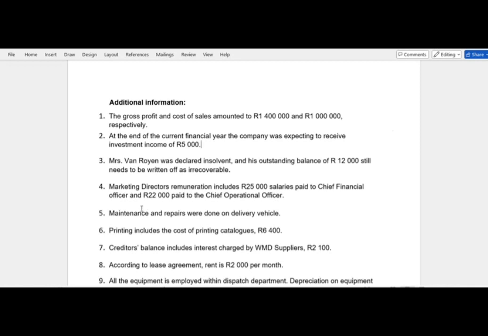The next transaction says marketing director's remuneration includes 25,000 salaries paid to the chief financial officer, and 22,000 paid to the chief operational officer. Now remember, marketing director's remuneration is a sales or marketing expense, which is going to fall under distribution costs.